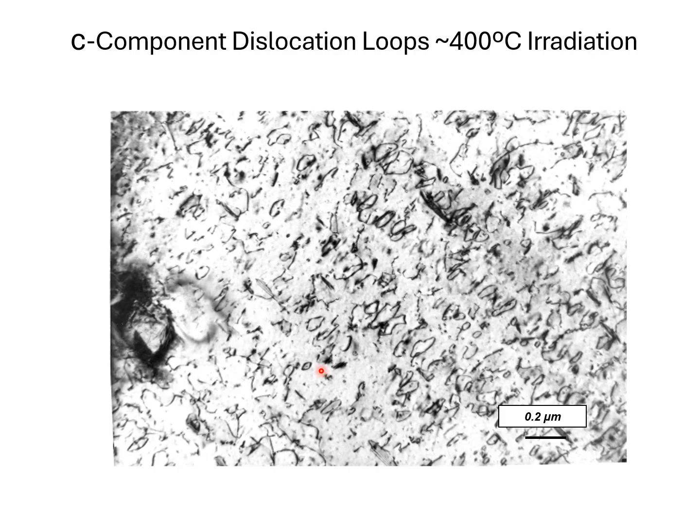This micrograph was actually used in a paper to prove that there weren't any C component loops. It was cut off here in the middle, saying, look, we only have A type loops, but it missed this bit.